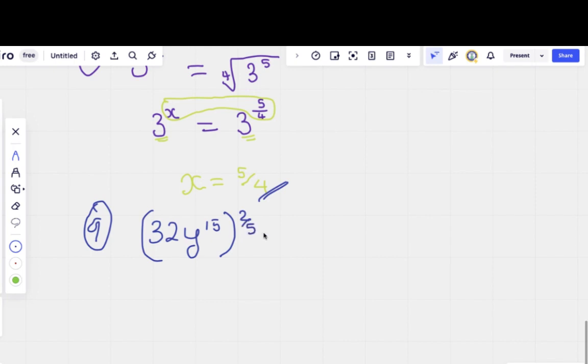Let's see. That's 2 over 5, right? Yeah, 2 over 5. It's 2 over 5.